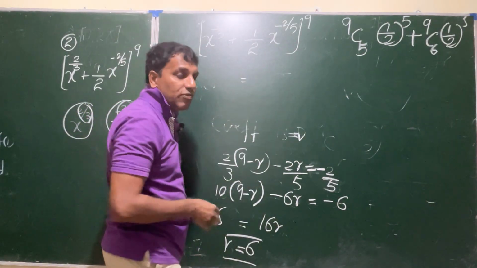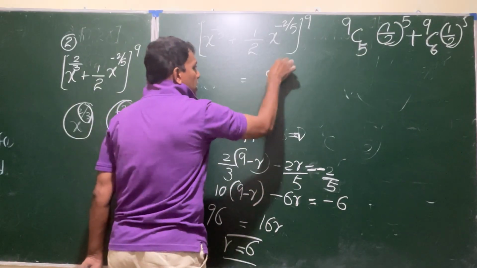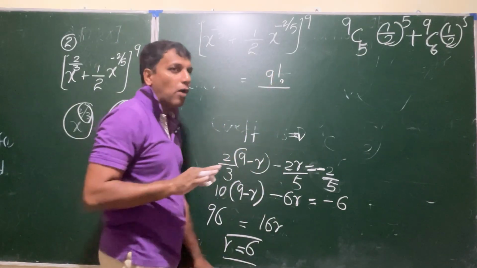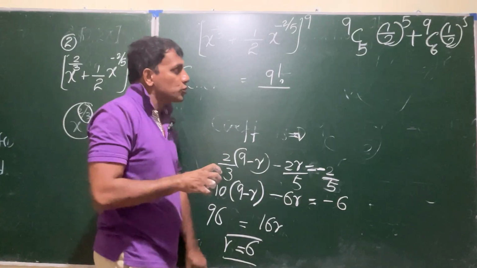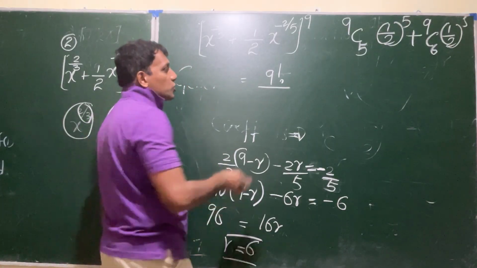What is 9C5? Factorial 9. This is a revision problem, I have not shown any theory part. I will try to show some theoretical work also.